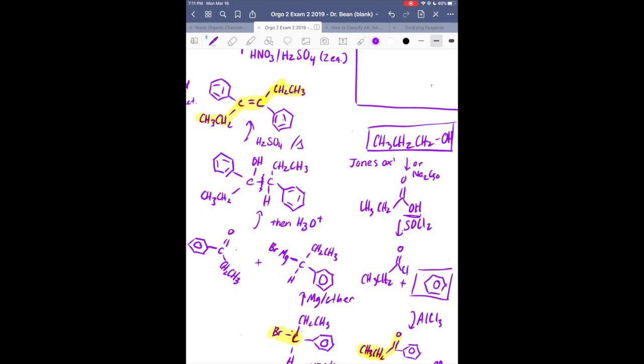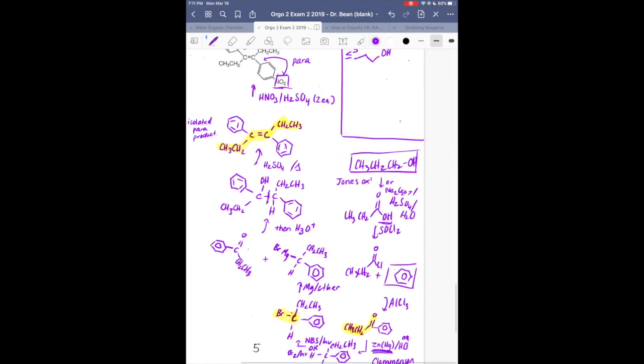Another option is sodium dichromate, Na2Cr2O7. I used to remember this as like 007 or something like that. H2SO4, of course, and then you're going to be dilute, right?